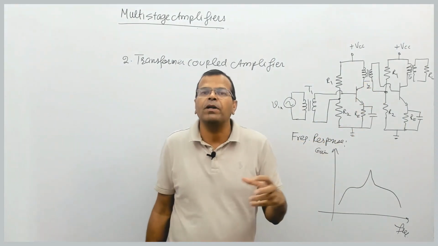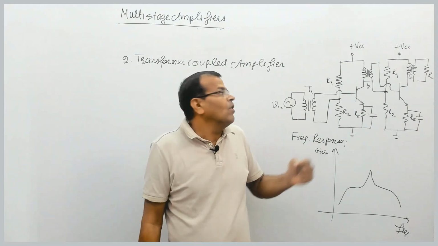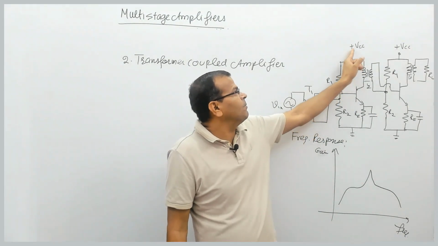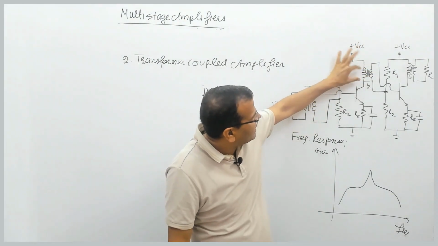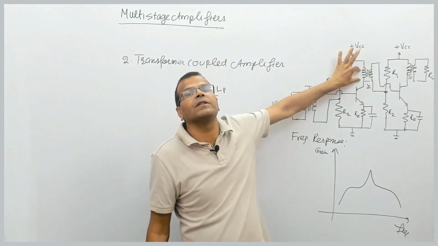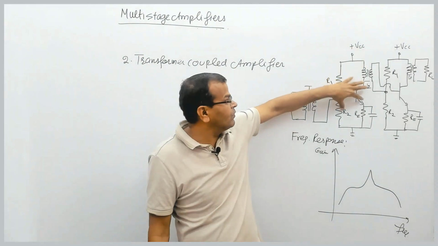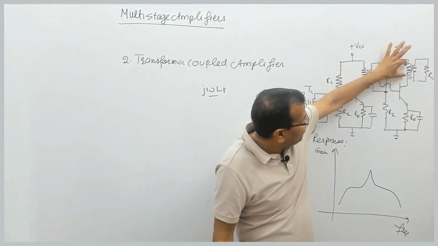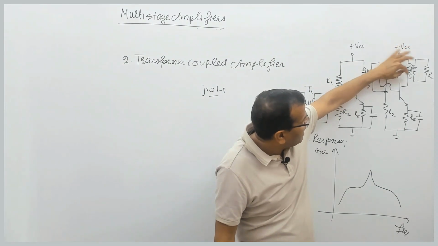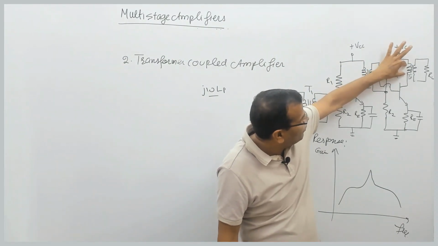In small signal analysis, DC supply is replaced by short circuit, and the collector current into the impedance of this is the output voltage of stage 1. Then the impedance of this multiplied by this collector current is the output voltage of this stage.